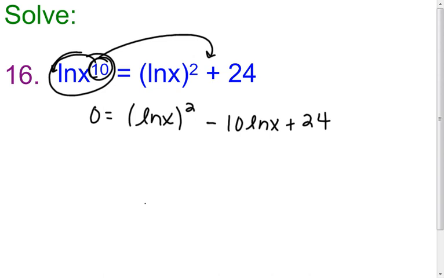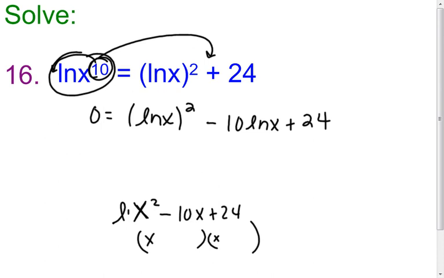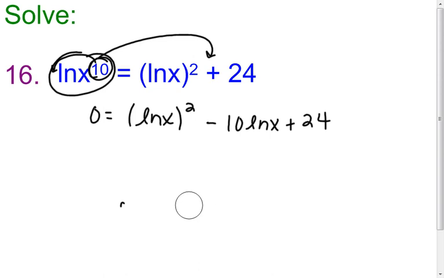Okay, now I want you to think about this. If this were x squared minus 10x plus 24, I think you could picture how you would factor it like that, and you would go x and x and so on. Okay, it's the same kind of thing, except instead of x squared here, you're going to throw in an ln here, and you're going to throw in an ln here. Okay, but it will factor the same way.